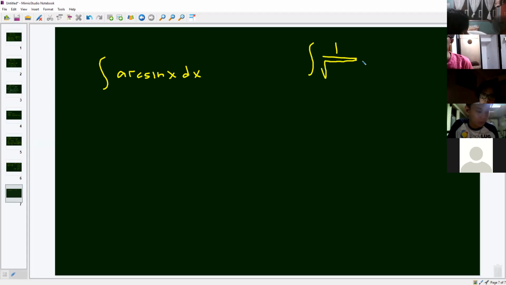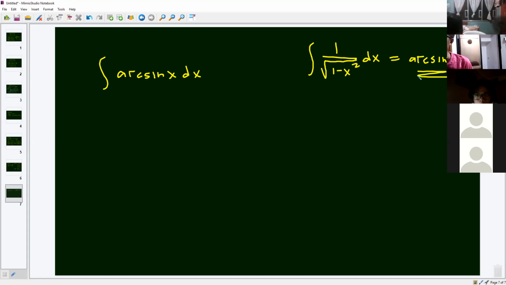That is square root of, ano nga ba yun? 1 minus x squared. You recall that? 1 minus x squared. And this will become arc sine x, right?